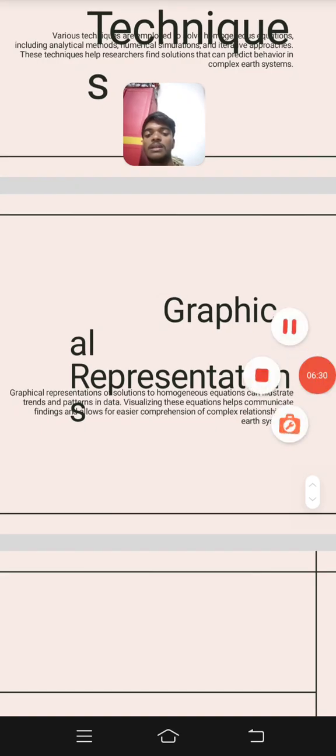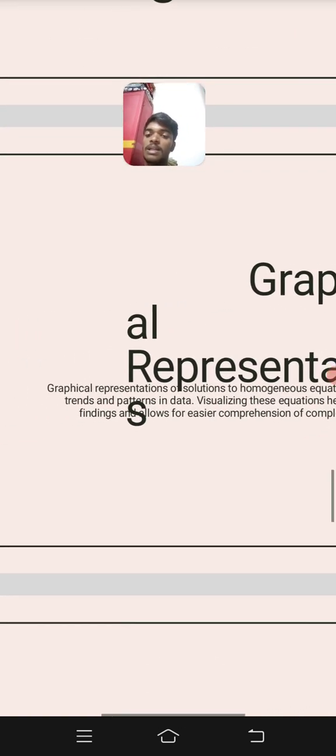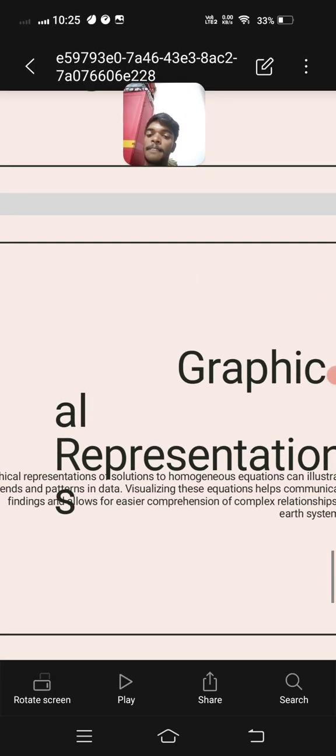Let's now know the graphical representations. The graphical representations of solutions to homogeneous equations can illustrate trends and patterns in data.